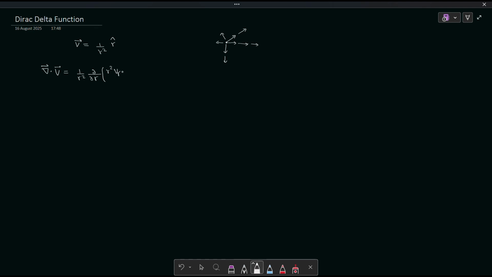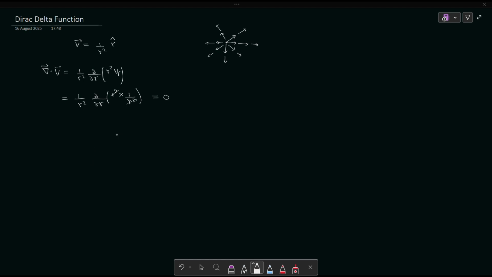And then there will be theta and phi coordinates, but since there are no theta and phi coordinates in this function, we will just keep this form, and let's simplify this. So that will be del by del r of r square divided by r square. Okay, so this cancels out and we are left with differentiation of 1, which will be equal to 0.